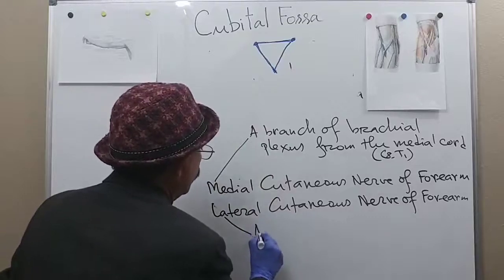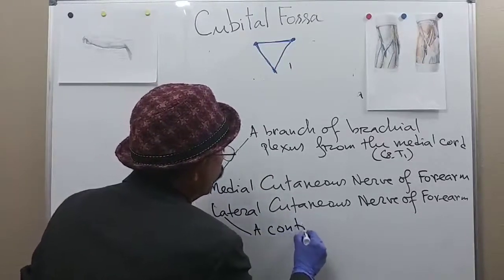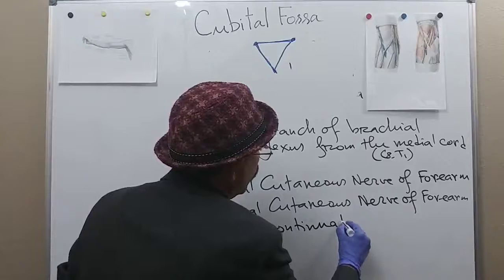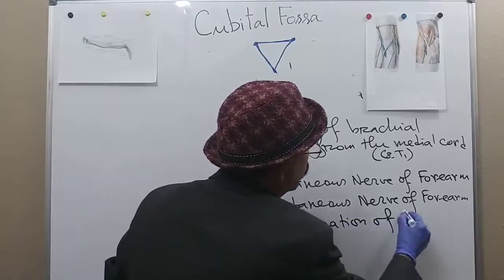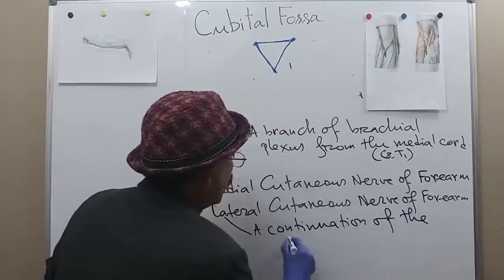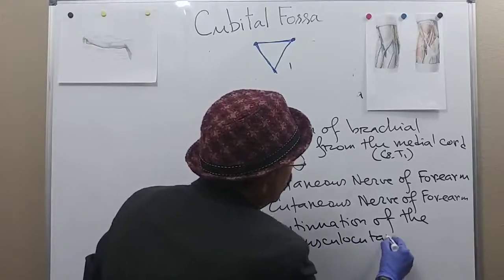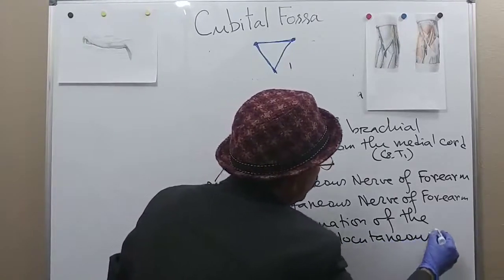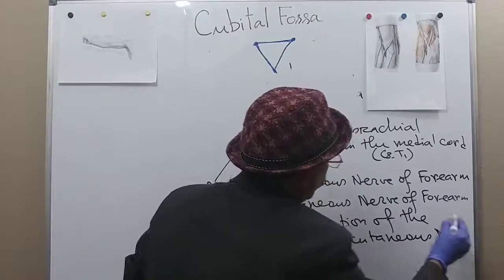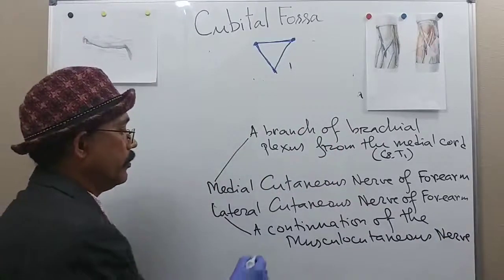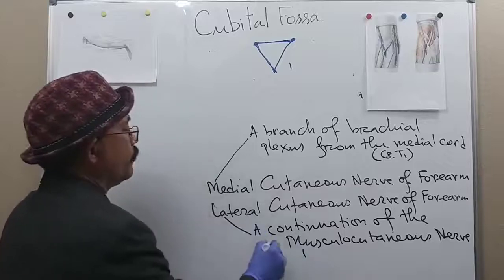This is a continuation of the musculocutaneous nerve. We know that the musculocutaneous nerve is coming from which cord?